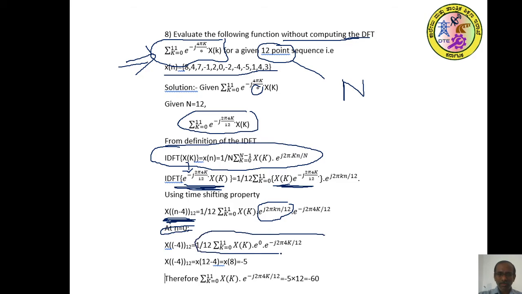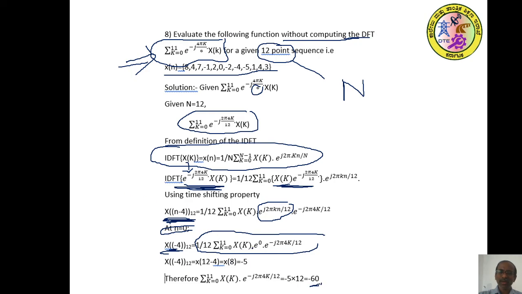When I put n is equal to 0, x of n minus 4 will become x of minus 4. You know that x of minus 4 can be written as x of capital N minus 4. Capital N is 12. So x of 12 minus 4, that is x of 8. Your x of 8 in your problem is minus 5. And this 12 you can cross multiply.